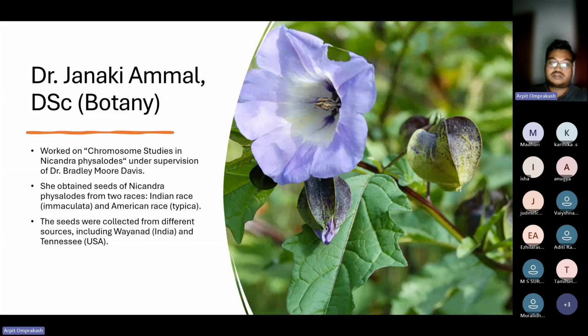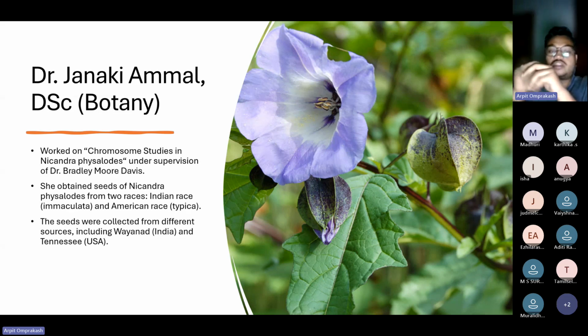Under the supervision of Dr. Bradley Moore Davis, she worked on the chromosomes of this plant. She obtained the seeds of this plant from two different races. One was the Indian race called Immaculata, and the other one was the American race called Typica. The seeds were collected from different sources, including Wayanad in India and Tennessee in USA.